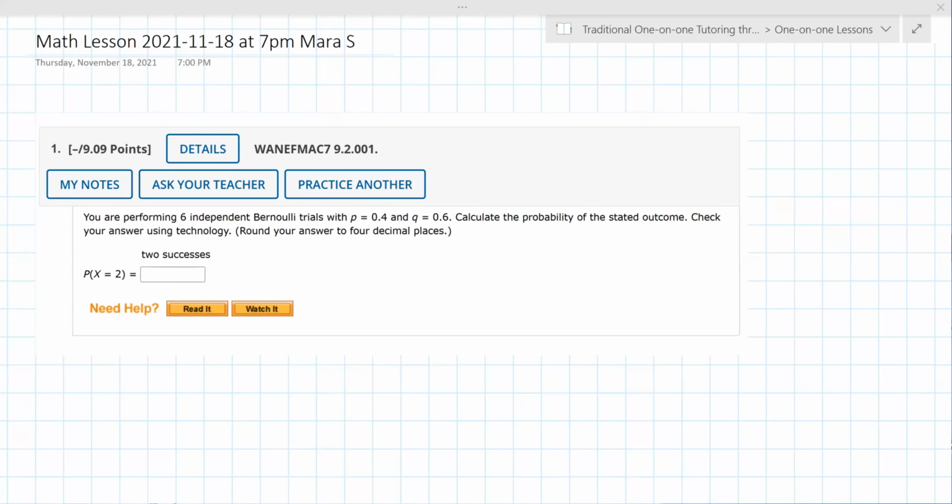So I'm going to grab my TI-83 here. If you've got an 84, I think it's a little more functional. I'll share that screen also. That's not working, so I'll restart that.